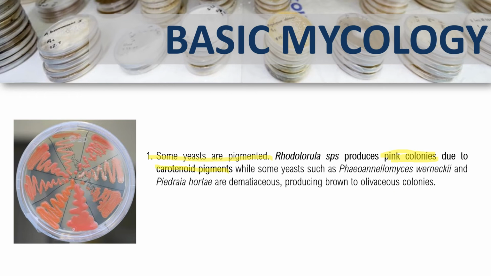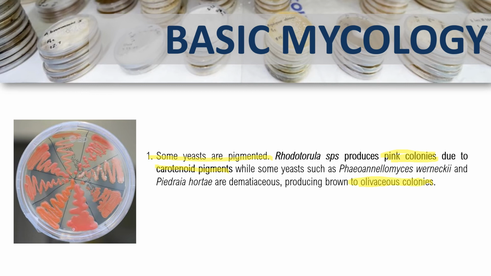While some yeasts naman, class, like for example, you have your Exophiala, Hortaea werneckii, and you have your Piedraia hortae, they are dematiaceous. In culture media, class, they produce brown to olivaceous colonies naman. Yan.